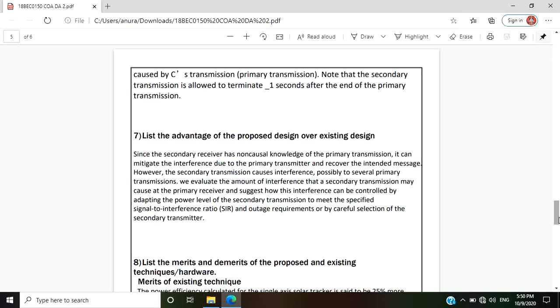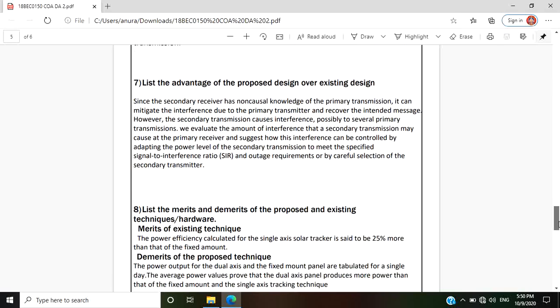We evaluate the amount of the interference that a secondary transmission may cause at the primary receiver and suggest how this interference can be controlled by adapting the power level of the secondary transmission to meet the specified signal to interference ratio and outage requirements, and by careful selection of the secondary transmitter. This is my next question.